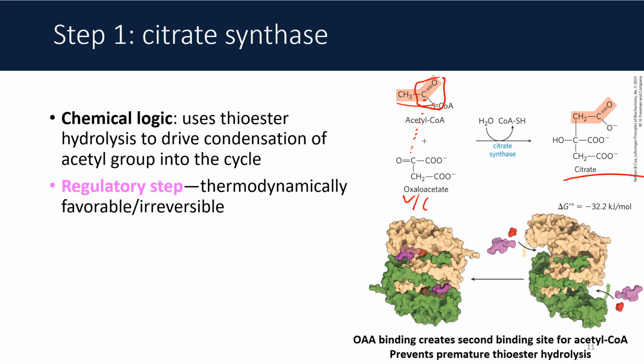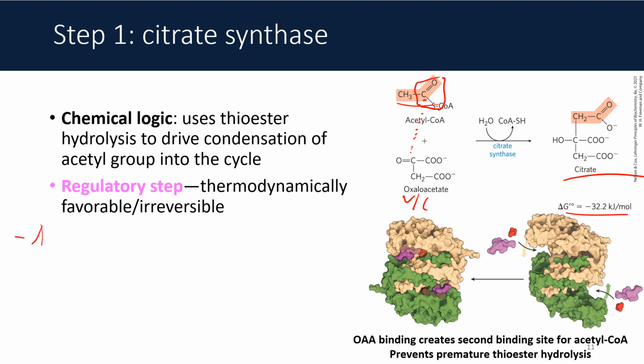Not an easy step. Yet, it has a highly negative delta G of negative 32.2 kilojoules per mole, which means we have a thermodynamically favorable and hence irreversible transformation, which is of course regulated allosterically.